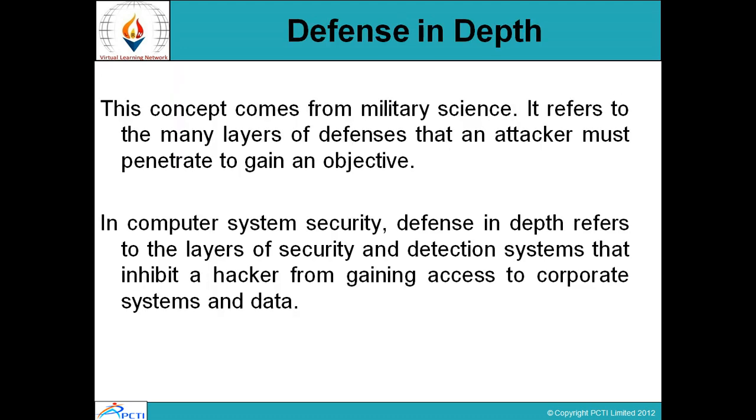Next we are going to discuss defense in depth. Defense in depth refers to the many layers of defenses that an attacker must penetrate to gain their objective. In computer system security, it refers to the layers of security and detection systems that inhibit a hacker from gaining access to corporate systems and data.